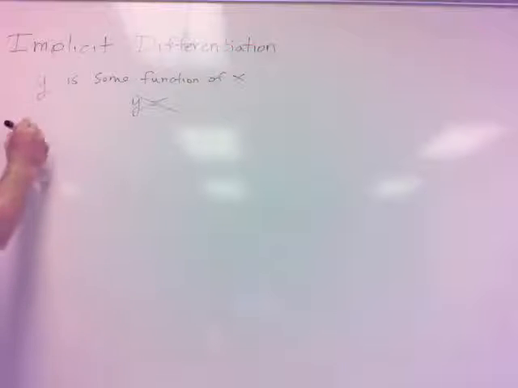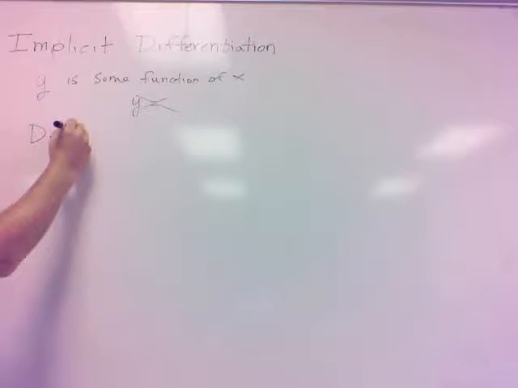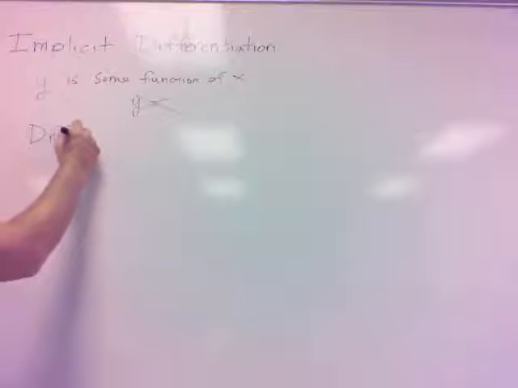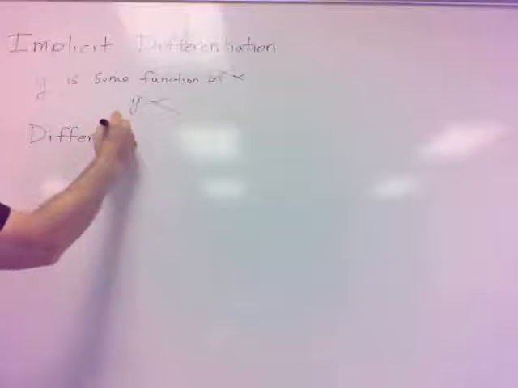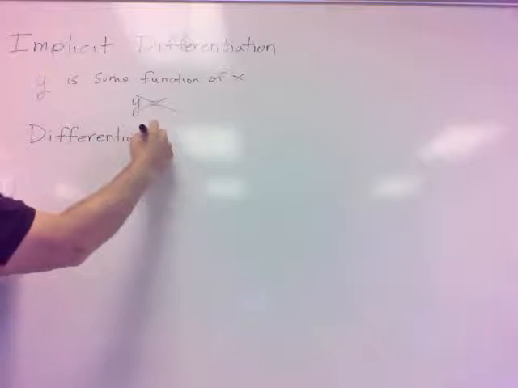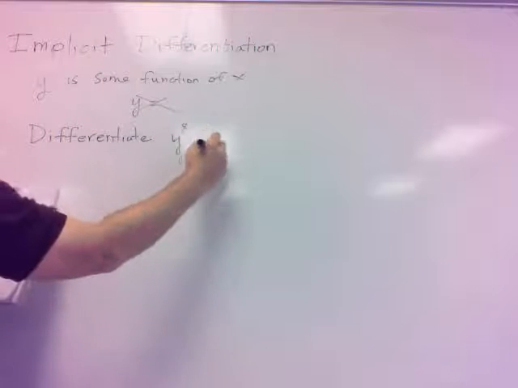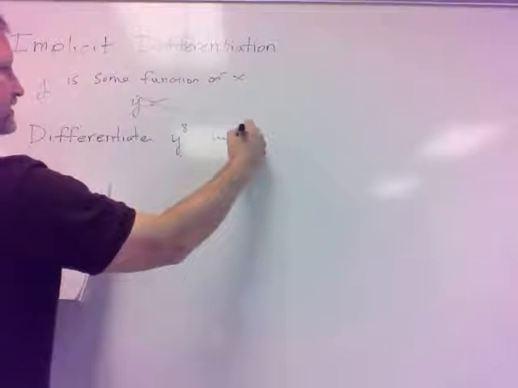Well, what I want to talk about is differentiating, which I meant to mention. Differentiate is just another term for derivative. But differentiate y to the 8th power with respect to x. Let's talk about that.